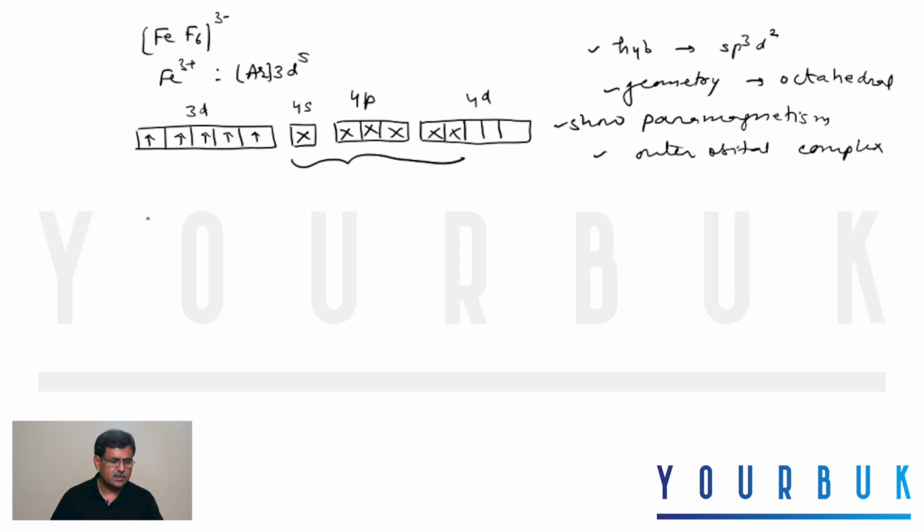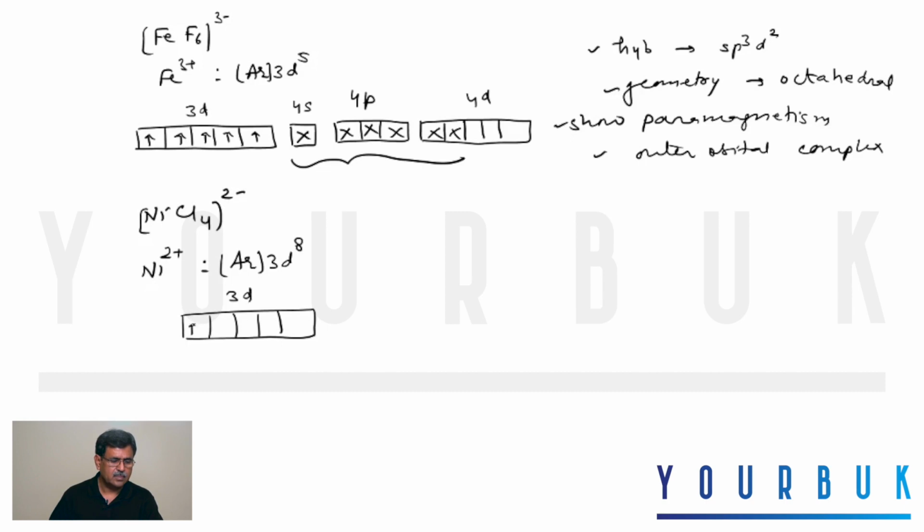Another example is NiCl4 2-. In this case the nickel oxidation state is 2+ and the configuration is argon 3d8. This is a box diagram for nickel 2+. There are 2 unpaired electrons present and no vacant atomic orbital available. So nickel has to use orbitals from the outer shell, and since the coordination number of nickel is 4, it has to provide 4 empty atomic orbitals.